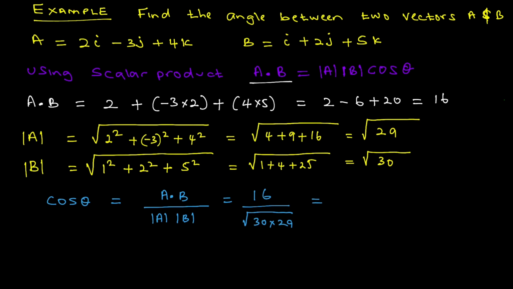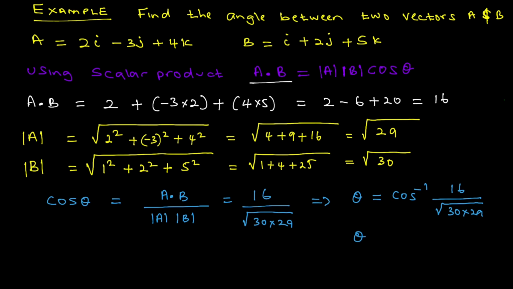This implies that I can now find theta. So theta will be equal to cos to the power minus 1 of 16 over root 30 times 29.